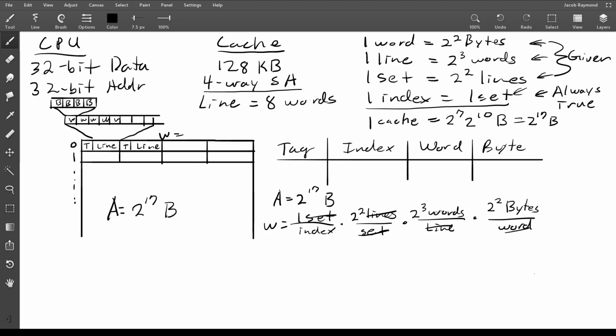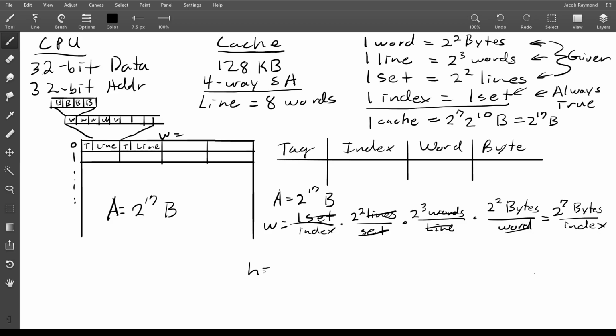The word cancels out, and now we can just multiply these together and we get a unit of bytes per index. And so this will be 2 to the power of 2, times 2 to the power of 3, times 2 to the power of 2. So we just add the exponents here. That's 2 to the power of 7 bytes per index. All right, well, that tells us our width. Our width is 2 to the power of 7 bytes per index.